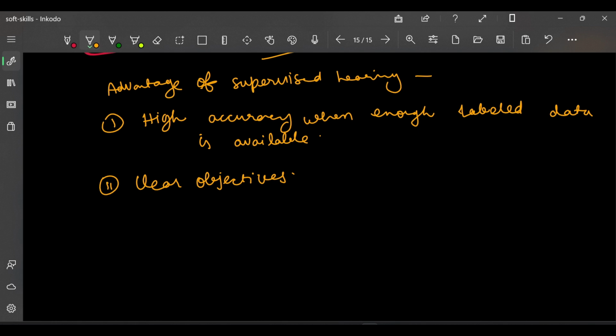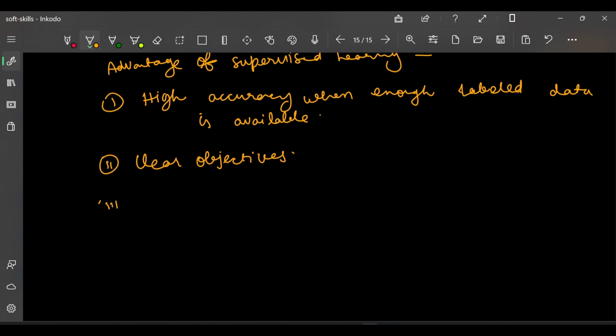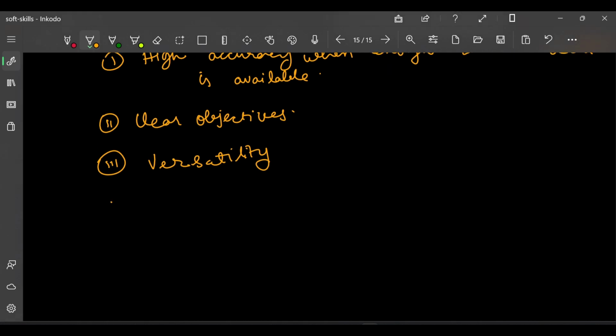The third one is versatility. It works for both classification, like spam versus not spam and disease versus not disease, and regression, like predicting price, sales or scores. The fourth one is ease of evaluation.